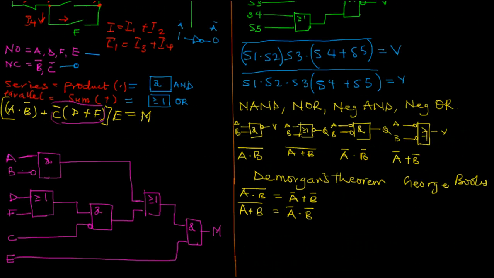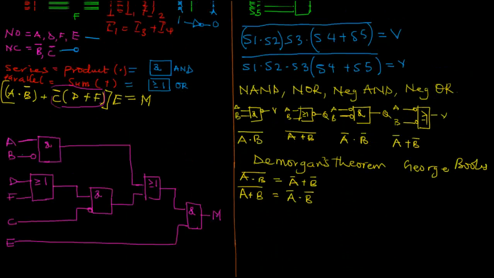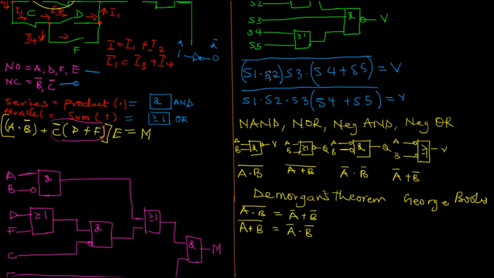So having known this, this is De Morgan's theorem. Why do we need to know De Morgan's theorem? This will help us to understand how to relate these function block diagrams and how to break a long chain of expression into smaller units that will look a lot more like this, with each of these elements having their own bars.